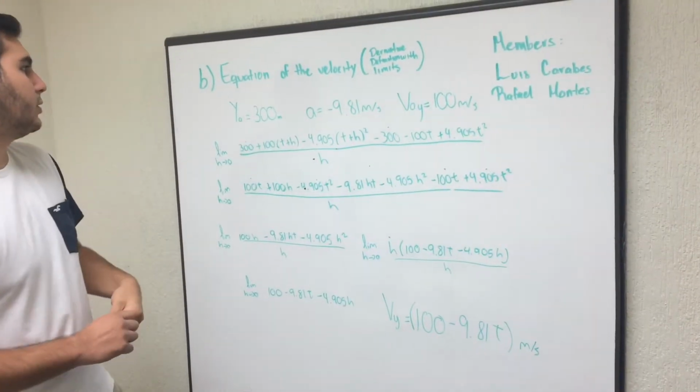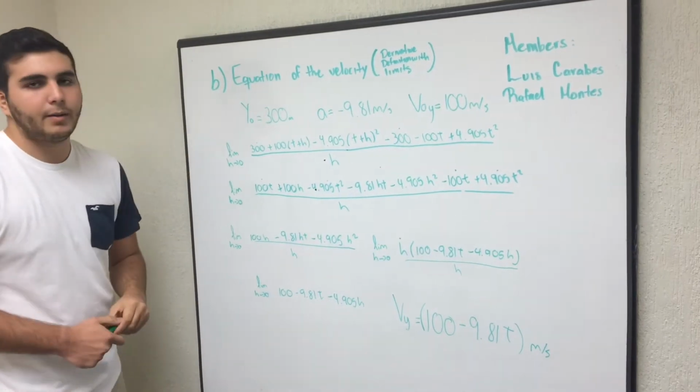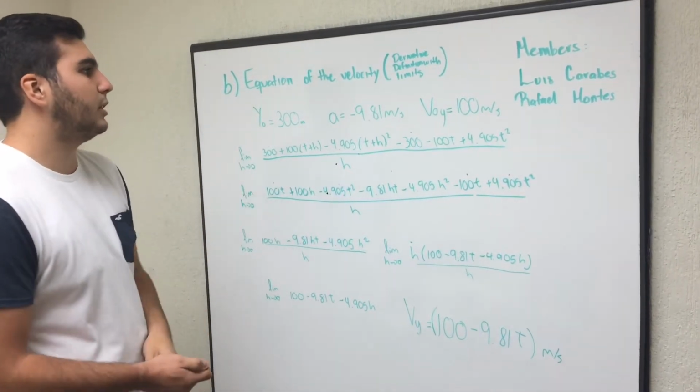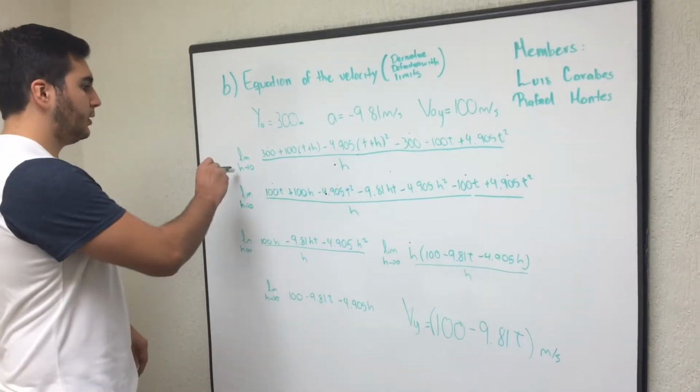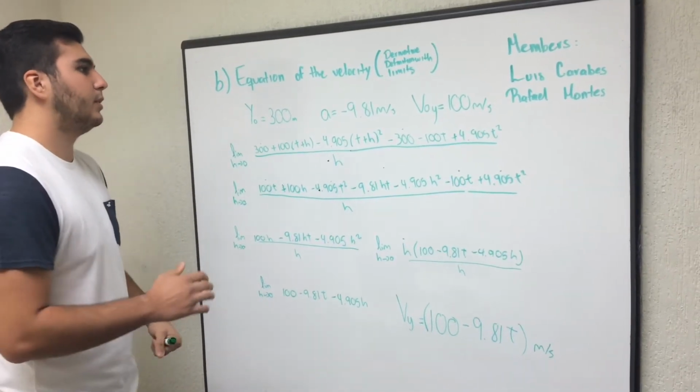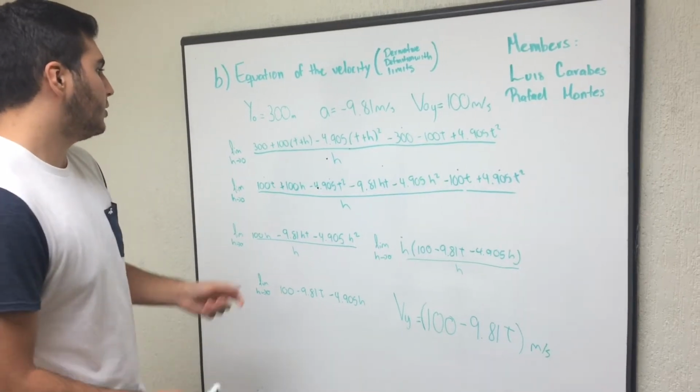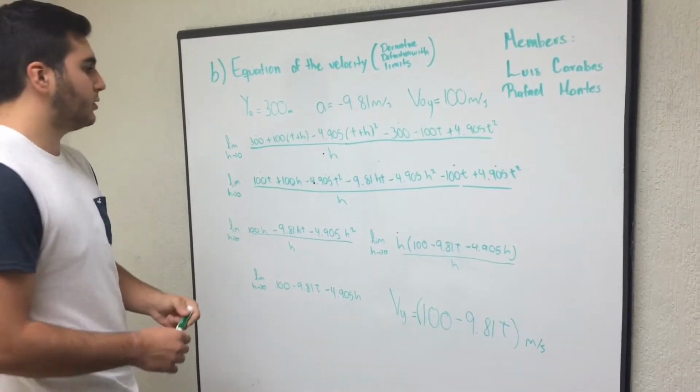Then the problem asks us, in part B, to get the equation of the velocity using the derivative definition with limits. So this is the formula of the derivative definition of limits. When we have all our values, we just substitute.